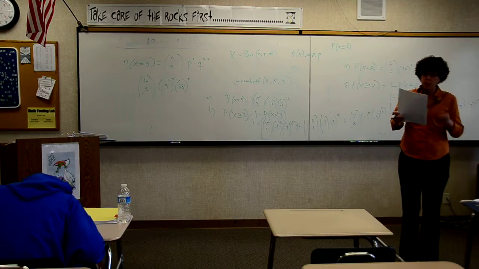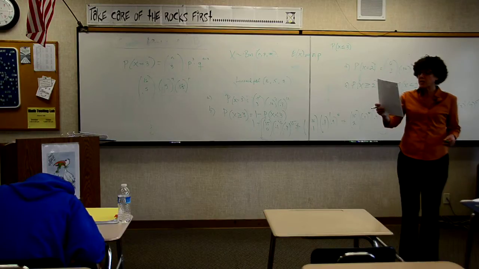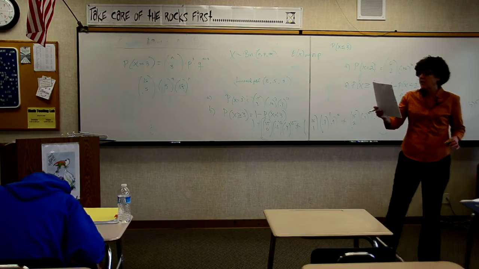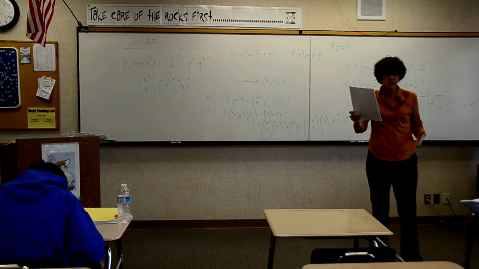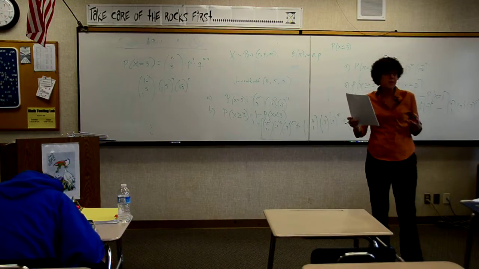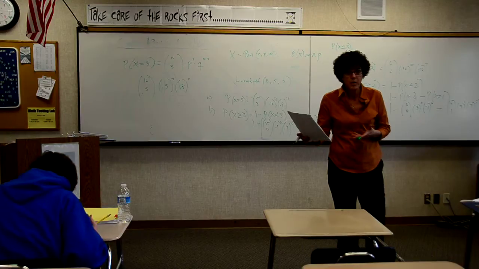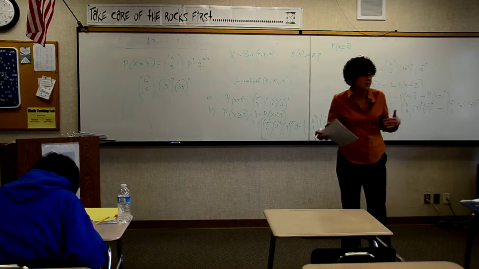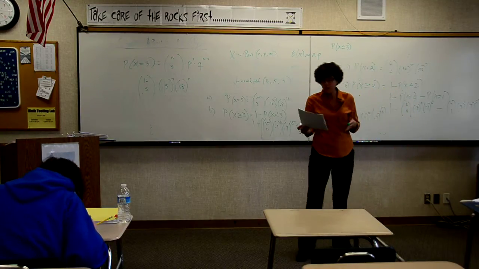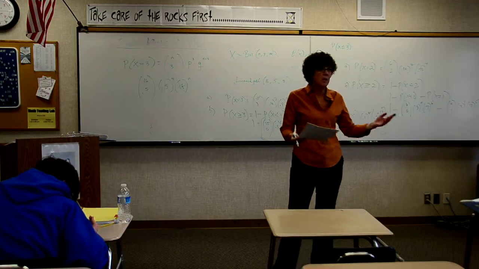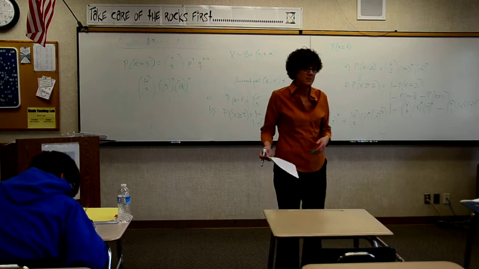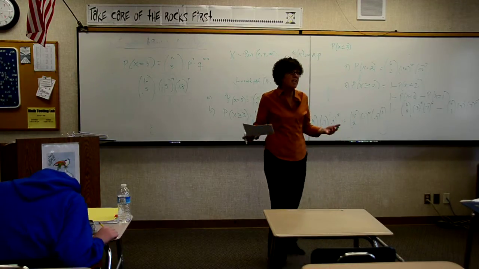So example 1, if a coin is tossed 15 times, find the expected number of tails. Well, 15 times the probability of success is what? 0.5, so I get 15 halves, 7.5. I would expect in 15 trials that I would get 7.5 tails. Between 7 and 8 tails.